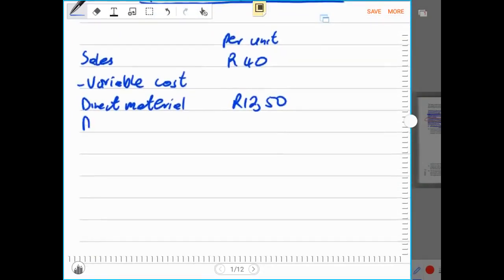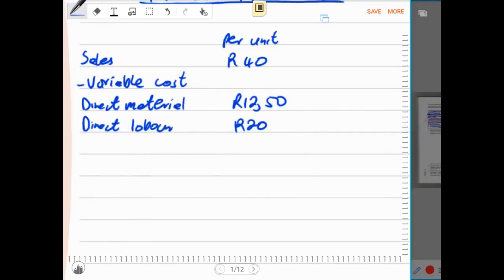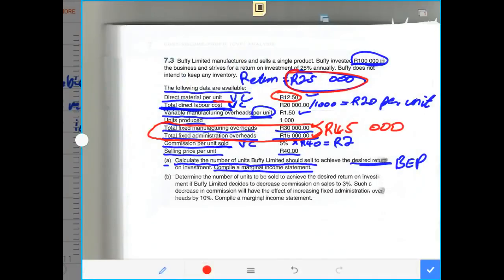Then we take into account another direct cost, which is direct labor, which is also a variable cost. Our direct labor, we calculated to be 20 rand, where we said the total direct labor cost of 20,000 rands, and we divided that by the number of units produced to get the cost of labor per unit, and that gave us 20 rand per unit.